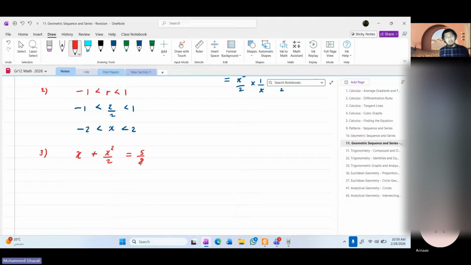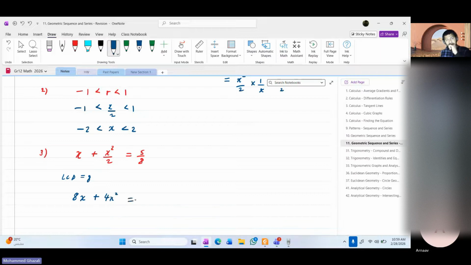Right? And now we're going to do the LCD. So we are going to multiply everything by 8 here, right? LCD is 8, right? So 8x plus 8 times half is going to give me 4x squared here.